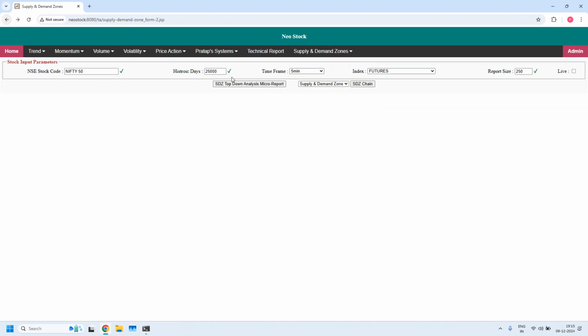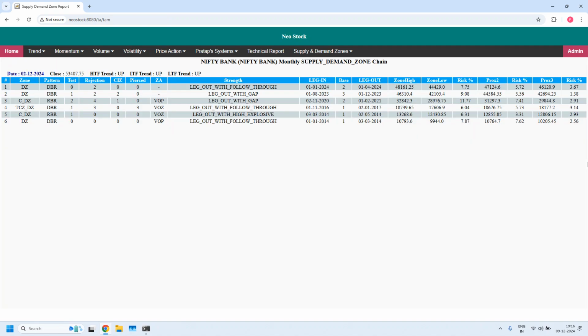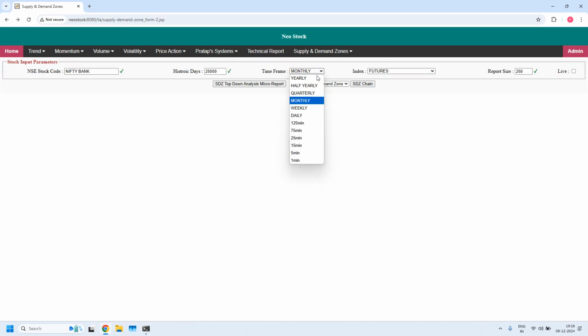Next, BANKNIFTY supply demand zone chain we will generate. So NIFTY Bank, that is nothing but BANKNIFTY. So monthly supply demand zone chain for BANKNIFTY. Next, weekly supply demand zone chain for BANKNIFTY.